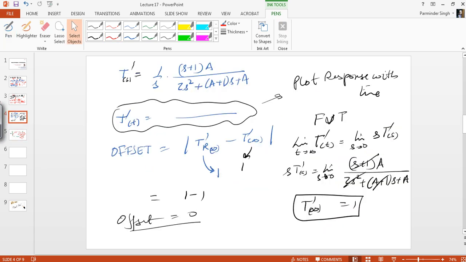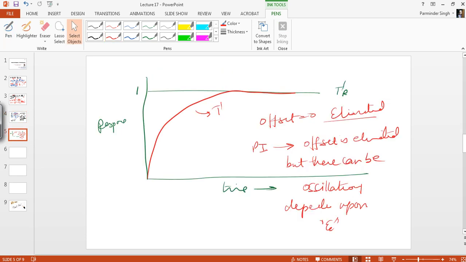If you see the denominator part, that's a second order system, so we can calculate zeta over here. Now for zeta, we know that the denominator part is tau s square plus (a plus 1) s plus a.